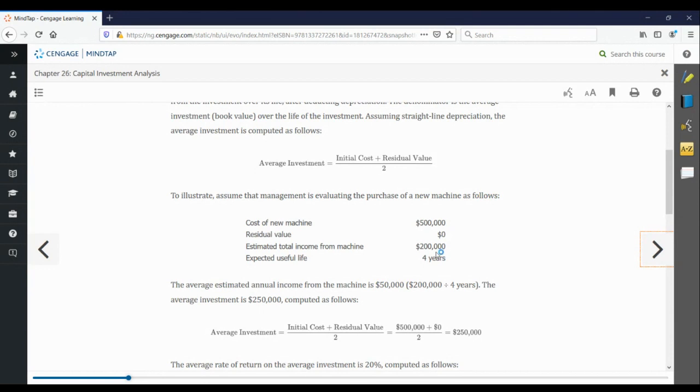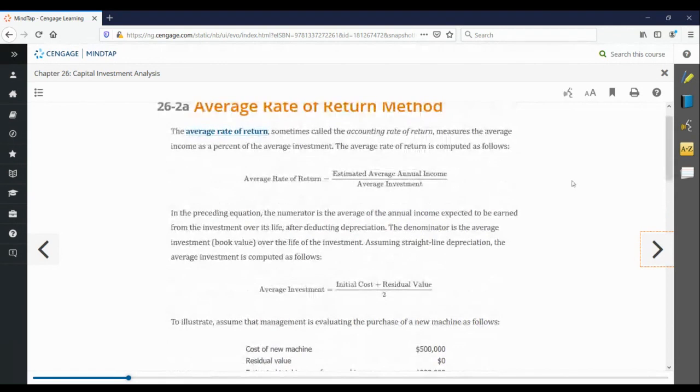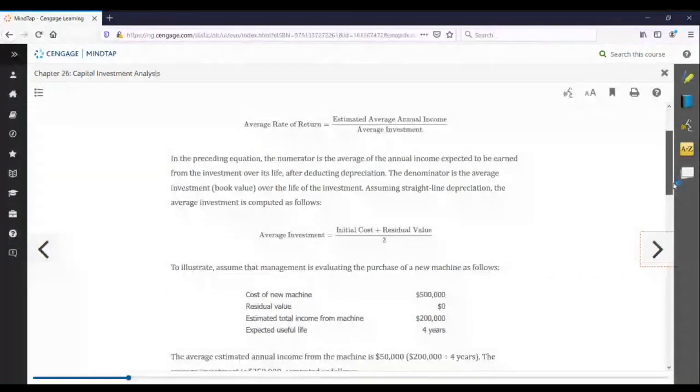That $200,000 is going to be divided by the expected useful life to give you the amount of the estimated average annual income. If we take 200,000 and divide it by 4 years, it will give us 50,000.